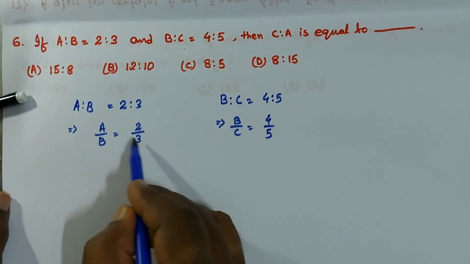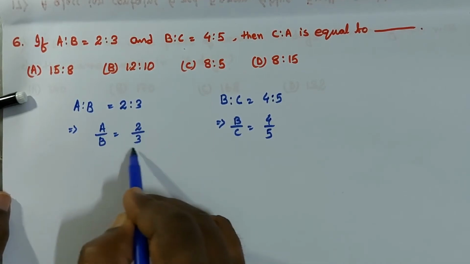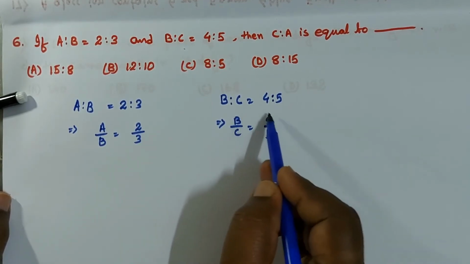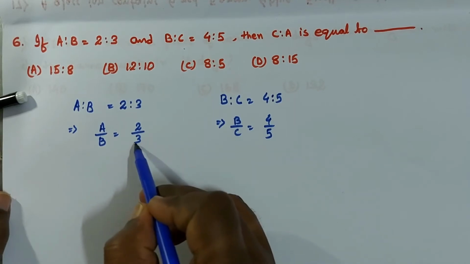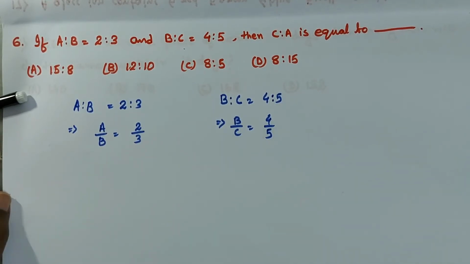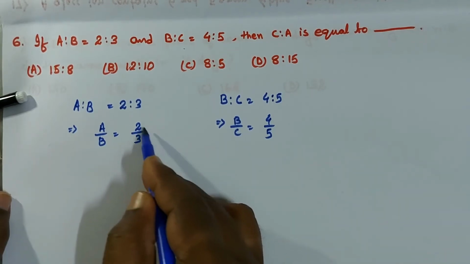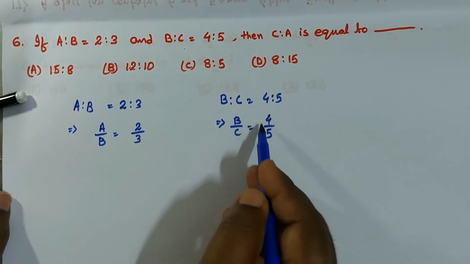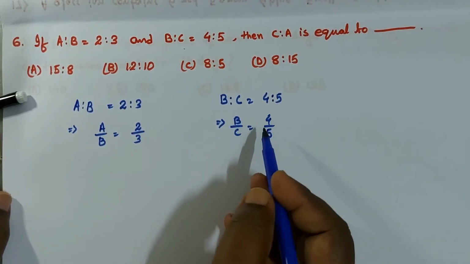Now look here: if I compare, A is 2, B is 3, and here B is 4, C is 5. We must equalize these values of B, that is 3 and 4. To equalize these values, we will multiply this whole by 4 and this whole by 3.